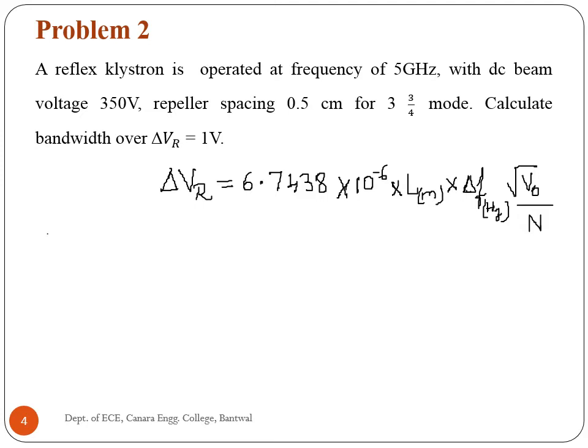N is given, that is 3 into 3 by 4, which is equal to 15 by 4. Repeller space should be in meter, here given in centimeter.